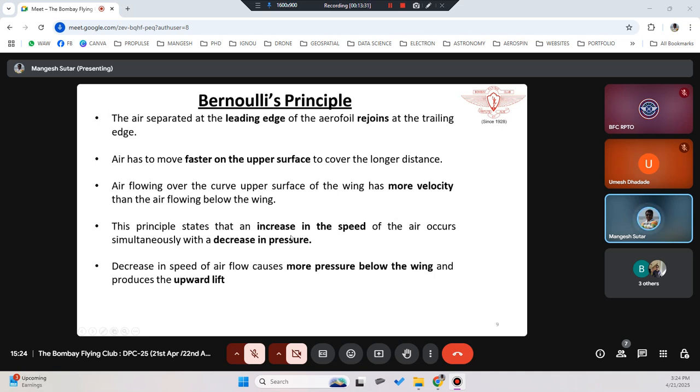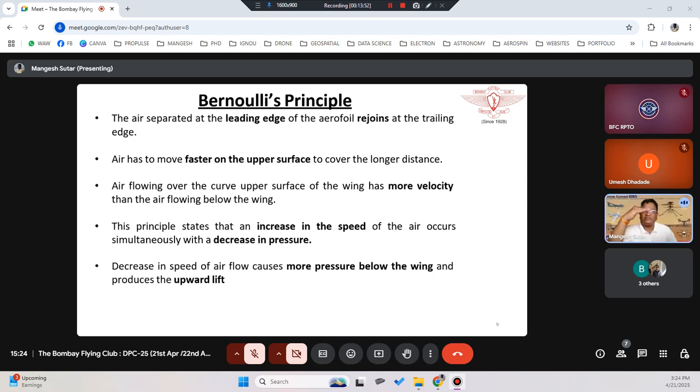That is, what is it trying to say? That as the air on the upper surface is flowing with high velocity, a low pressure is created. Similarly, below the surface, the air is flowing at a low velocity, so high pressure is created below the wing. So when the aircraft is flying, what happens?